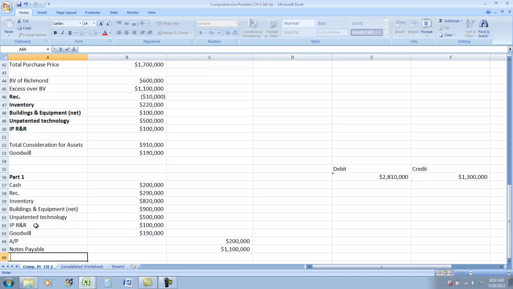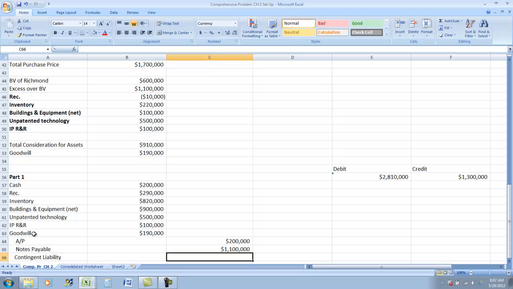And we'll also have to write on the purchase price. And the contingent liability was, oops, it was 100,000.